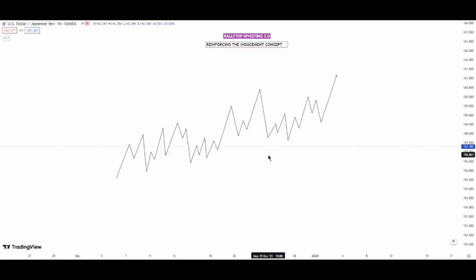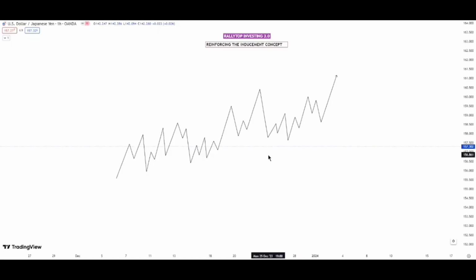Now, before we get into explaining this diagram before you, let me give you the rules that you need to follow in actually marking the right inducement. Please stick to these rules because they are very, very important, very vital.